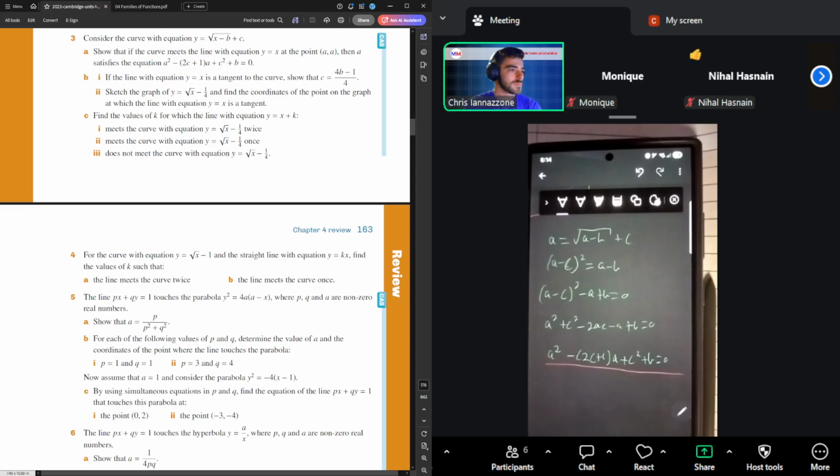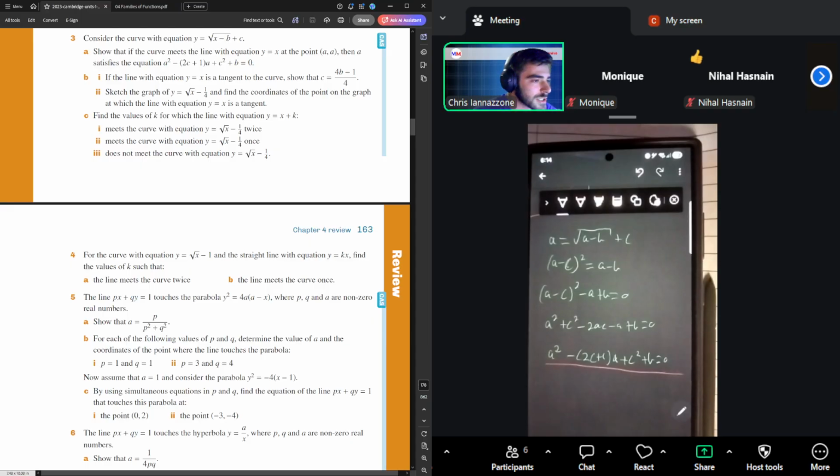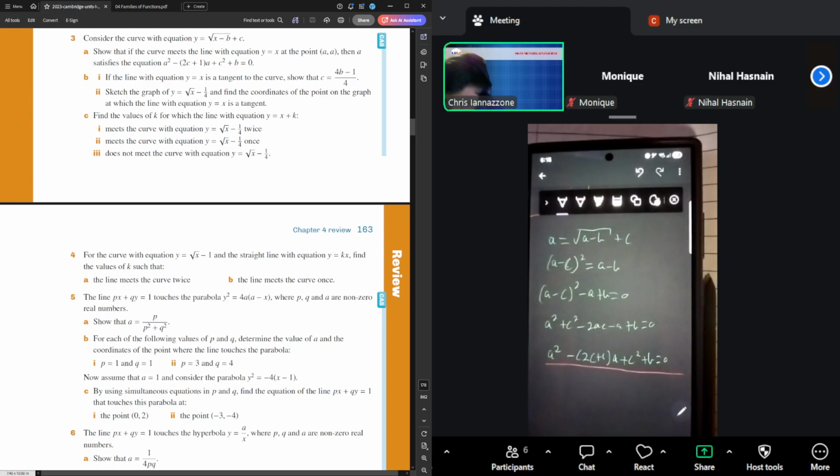Sweet. Alright, B(i). If the line with equation y equals x is tangent, show that c equals (4b minus 1) over 4. That sounds a lot more like what I was doing before with equating them together and the whole discussion about the roots cancelling out, because when it's tangent, you're only just touching along the side of the line.